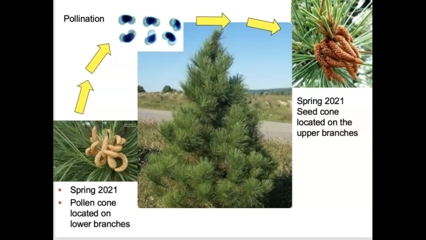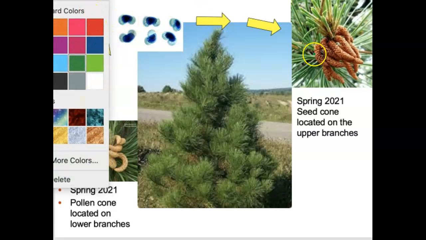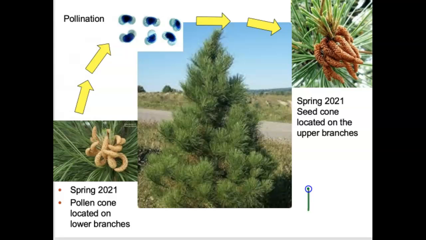What would the benefit be to have your seeds above your pollen? You're not using an animal pollinator. So there's no insect, there's no animal that will carry the pollen from the pollen cone to the seed cone. It's completely wind driven. So again, what's the advantage here?